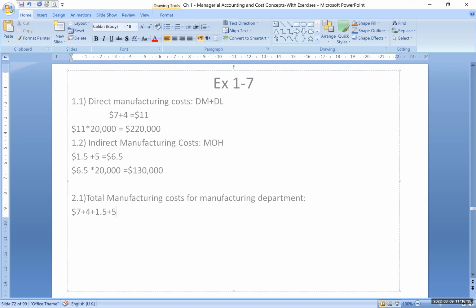The total here will be $17.5, and then 17.5 multiplied by 20,000 units produced for that department, and the answer will be $350,000.